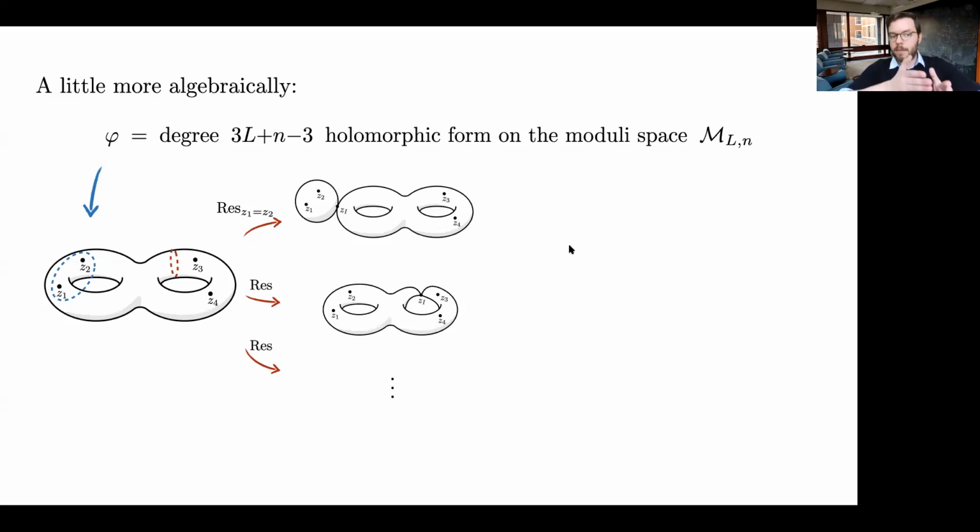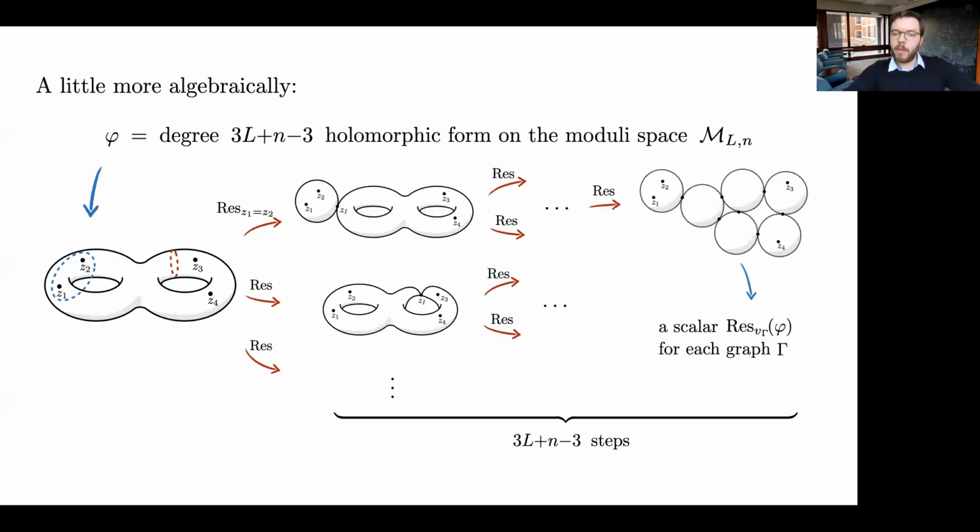And at each step, the degree of the form decreases by 1. So after exactly the same number of steps as before, we land on a zero form or a scalar denoted with this symbol. By this symbol, I will mean a residue around the corresponding vertex, a composite residue in a chain corresponding to a given degeneration corresponding to a graph gamma.